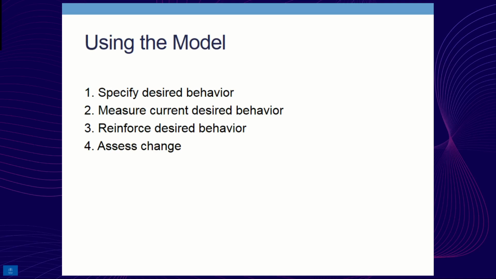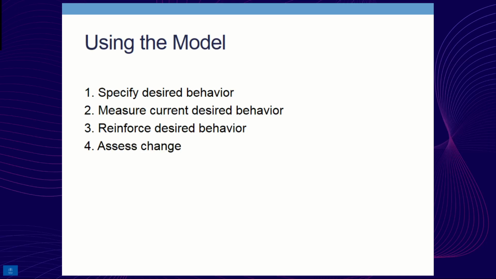Describe the good behavior you want to see or the bad behavior you want to discourage in such a way that it can be measured. It's also a good idea to put a deadline in place so that the individual knows the time frame they have in which to change.